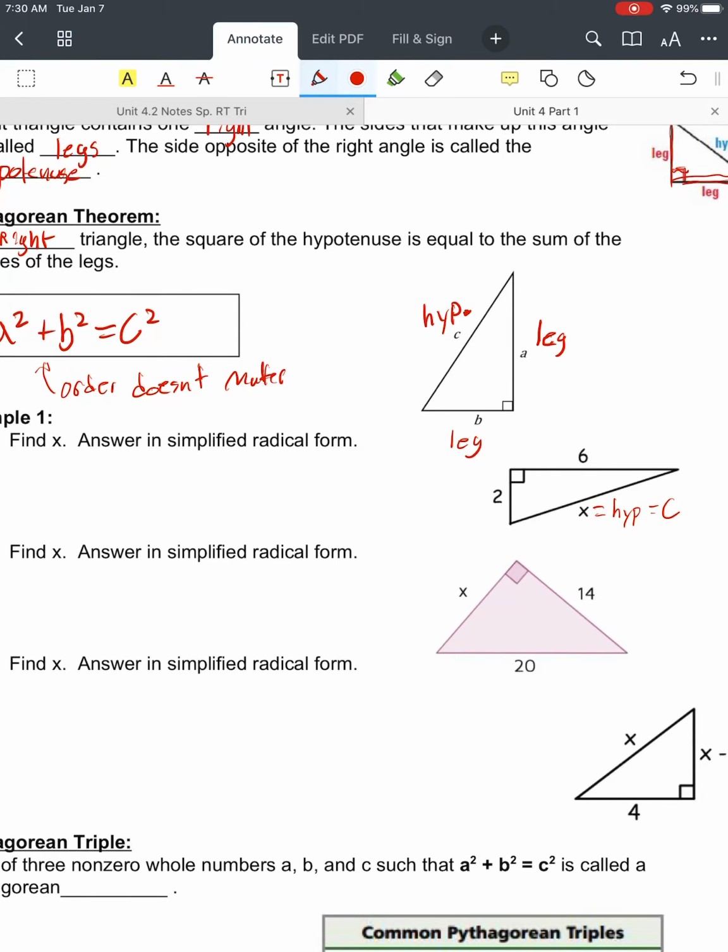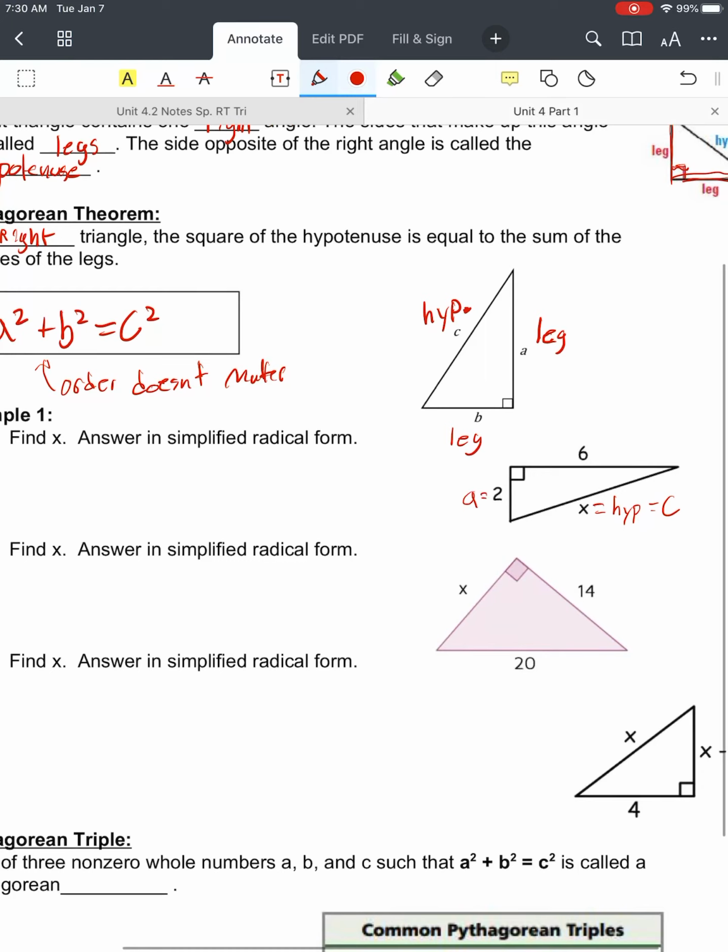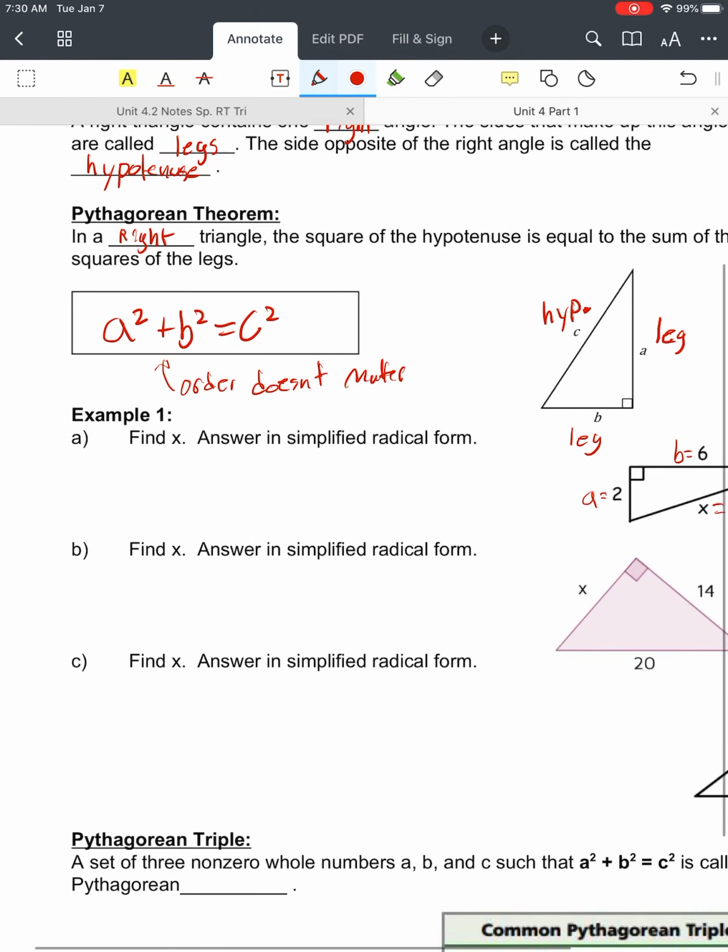It doesn't matter which one is our a and which one is our b. We could call 2 our a and 6 our b, or 6 as your a and 2 as your b. Once we plug this into our formula, we have 2 squared plus 6 squared equals x squared.